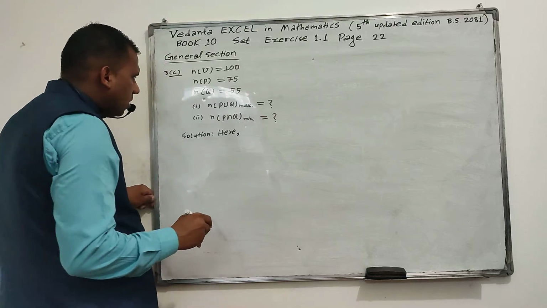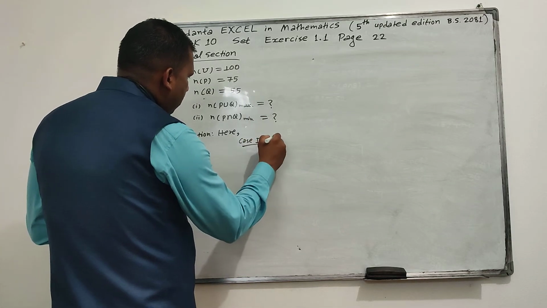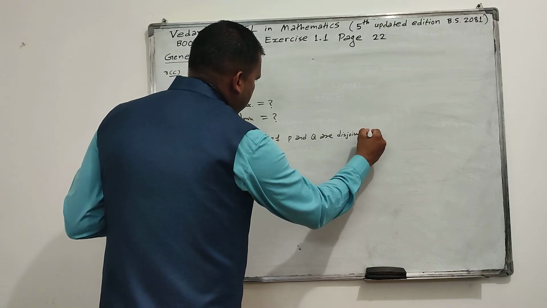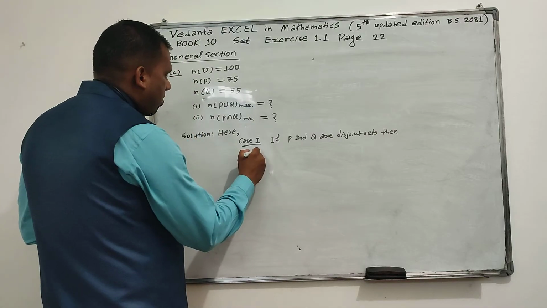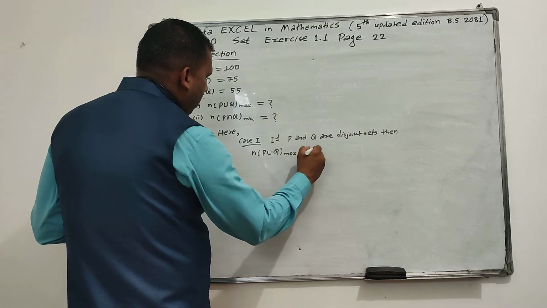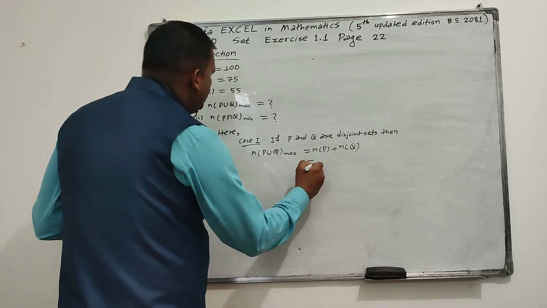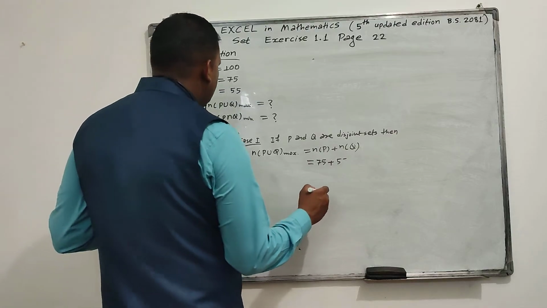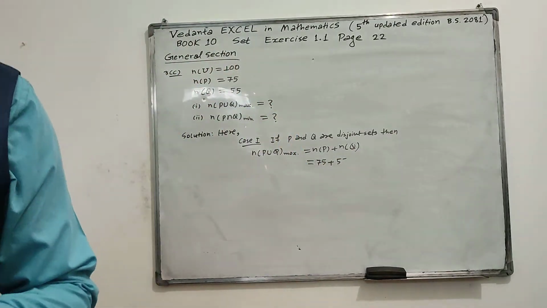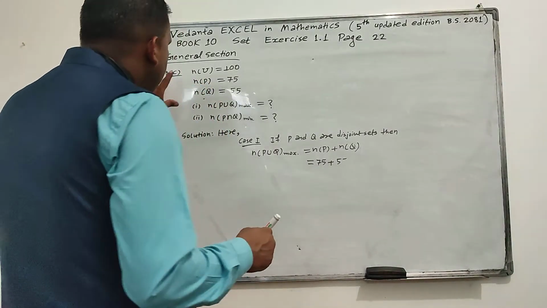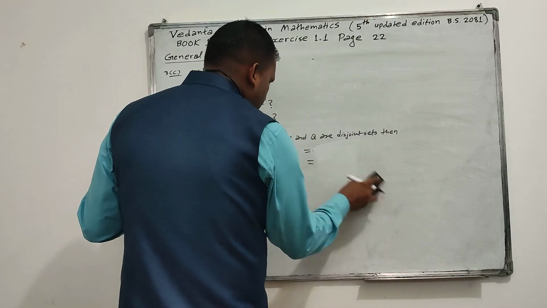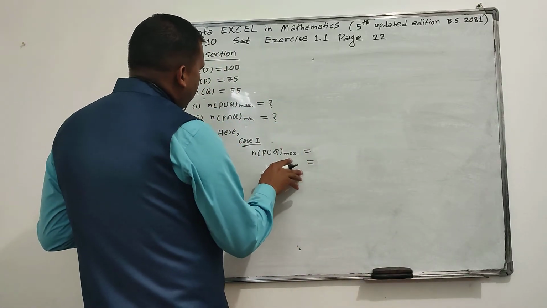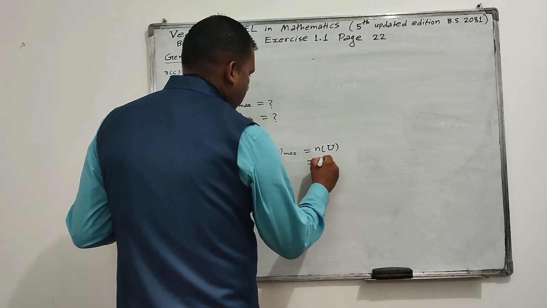Here, if P and Q are disjoint sets, then number of P union Q maximum equals number of P plus number of Q, that is 75 plus 55. But here U also, so the maximum value of P union Q is limited by U. So number of P union Q maximum equals number of U, that is 100.